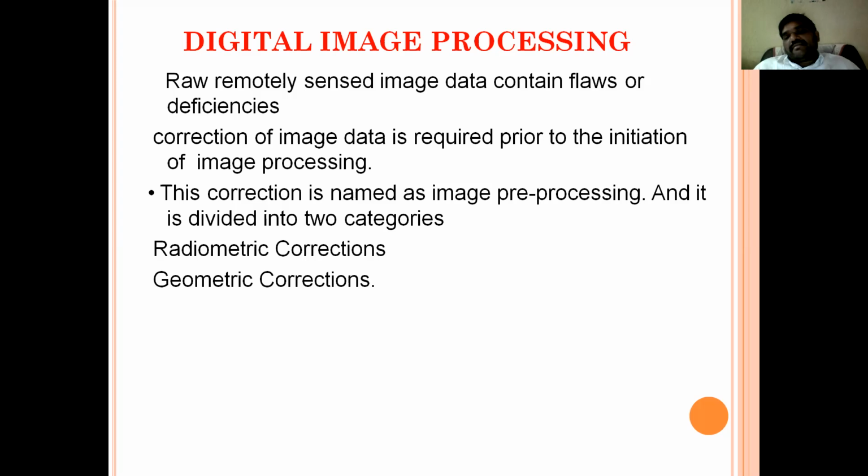That is why we need to remove those errors, and it has been categorized by the name image pre-processing, in which we have seen two types of errors: radiometric correction and geometric corrections.